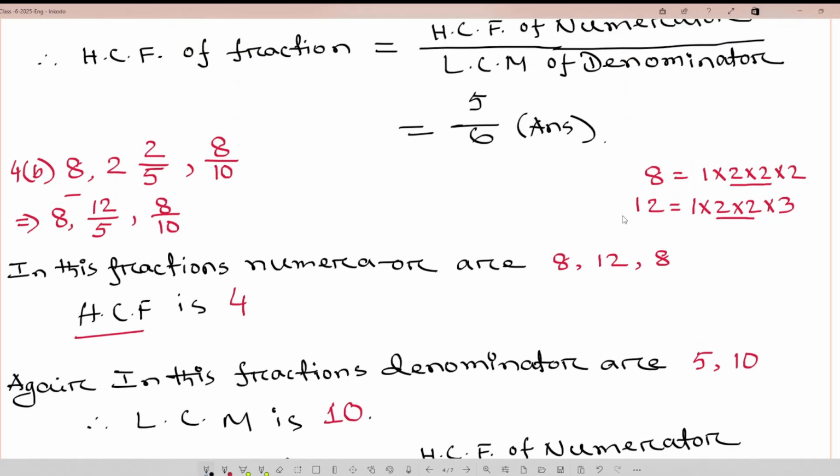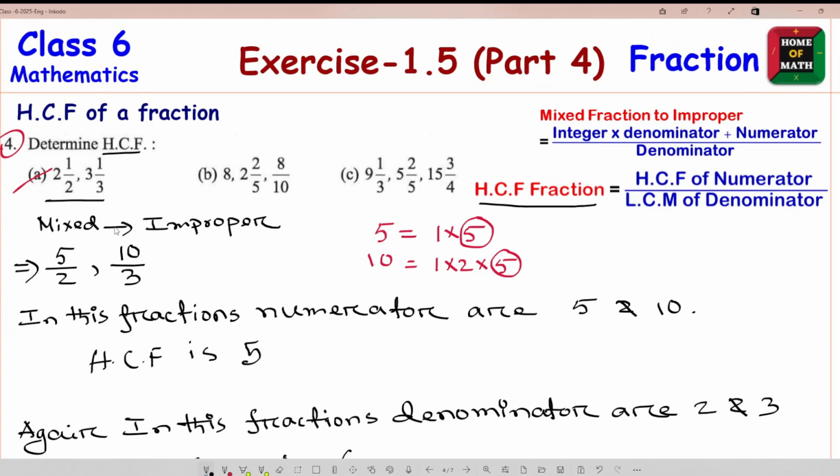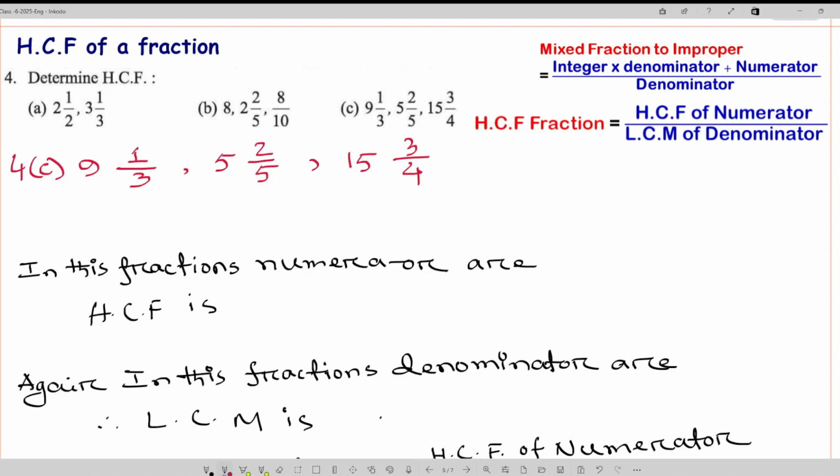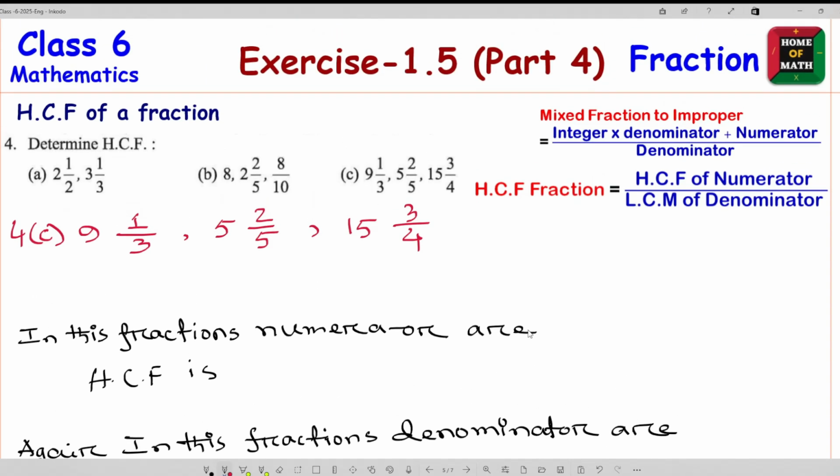So thank you very much. We solved parts A and B, and today's final question is part C. Let's start. Everything will be unchanged, we just change the values. So part C: 9 1 by 3, 5 2 by 5, 15 3 by 4. First we convert the mixed fractions to improper fractions. The rule is integer times denominator plus numerator, divided by denominator.